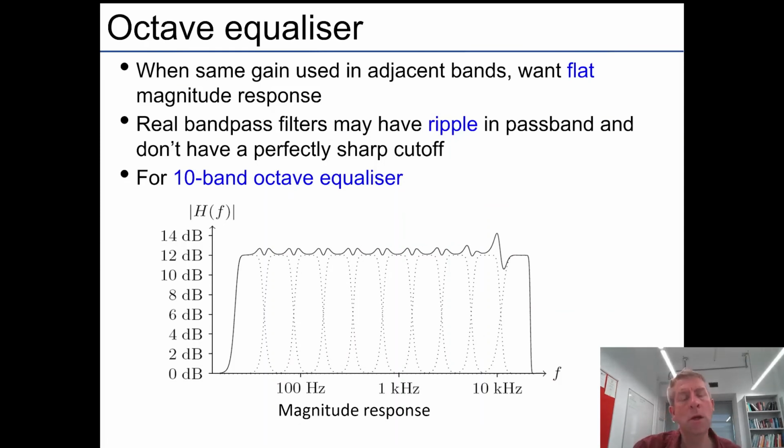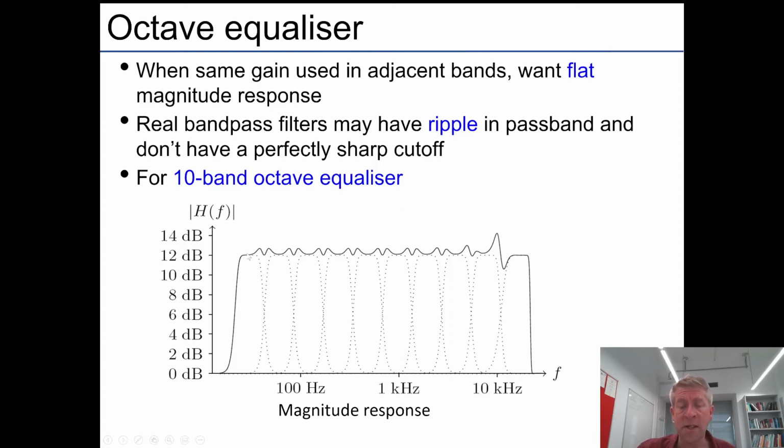So just using almost any filter is going to affect the signal, but also these filters are not ideal. So here I'm plotting magnitude response for a pretty high quality equalizer, where I have 10 bands and they each have a 12 dB boost.